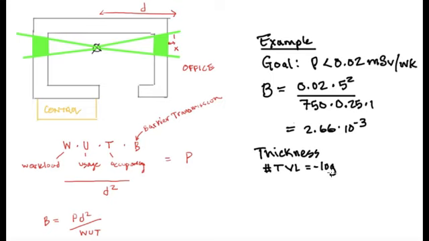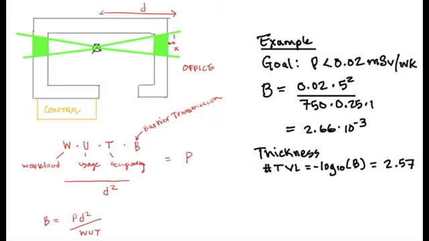And that equation you can write like this: n = -log base 10 of B. And hopefully that's obvious if you just think about it, because you know the equation (1/10) to the number of TVLs equals B. Take the logarithm of both sides, minus sign comes down, and you get this equation. And then if you plug the numbers in from above, plug the value in for B, here's what you get.